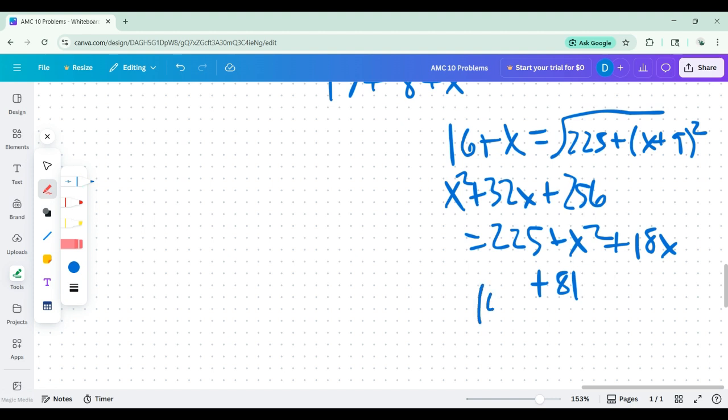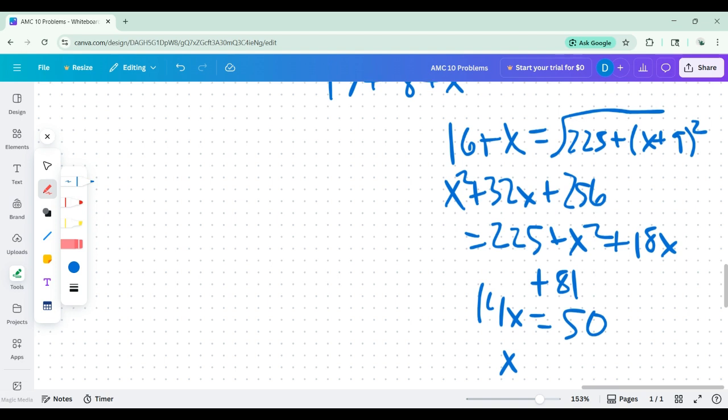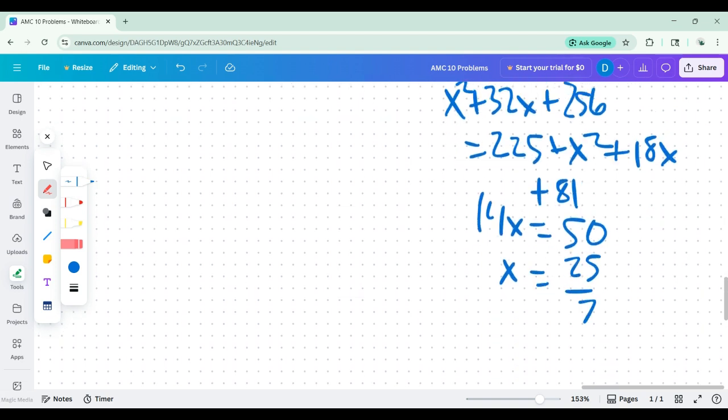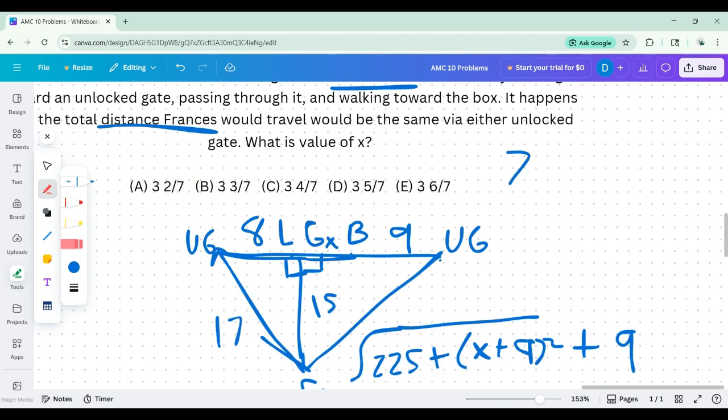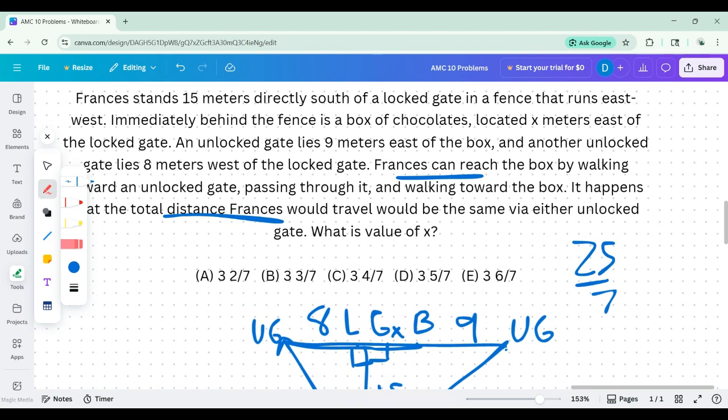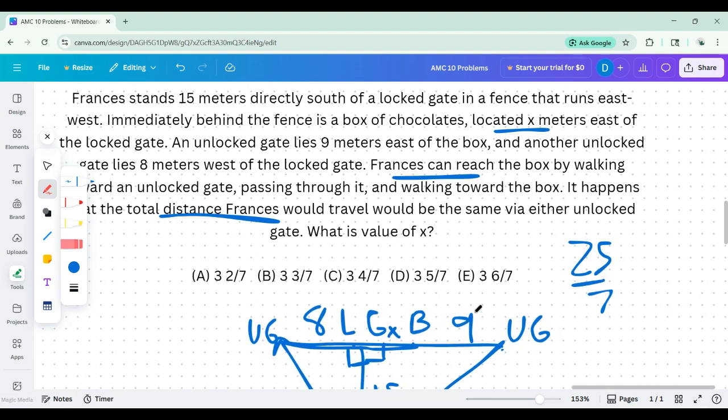And then we solve. 14x is equal to 50. x is equal to 25 over 7. And we don't have to do any additional solving because we set x as the distance from the locked gate to the box of chocolates, as stated in the question. 25 over 7 as a mixed fraction is 3 4/7. The answer is C.